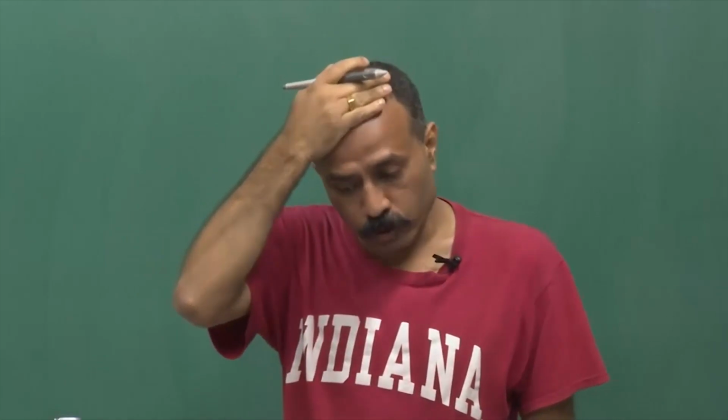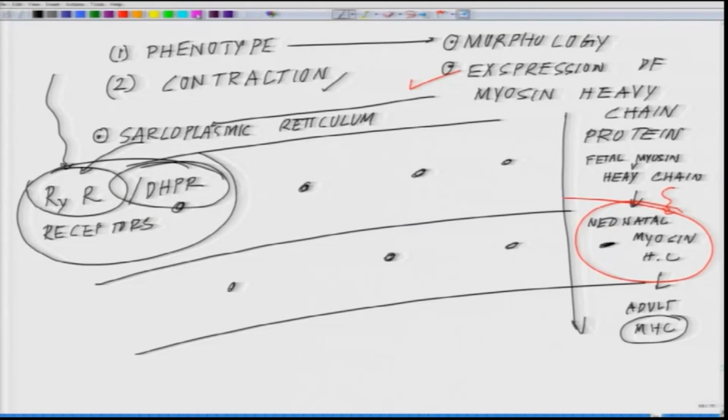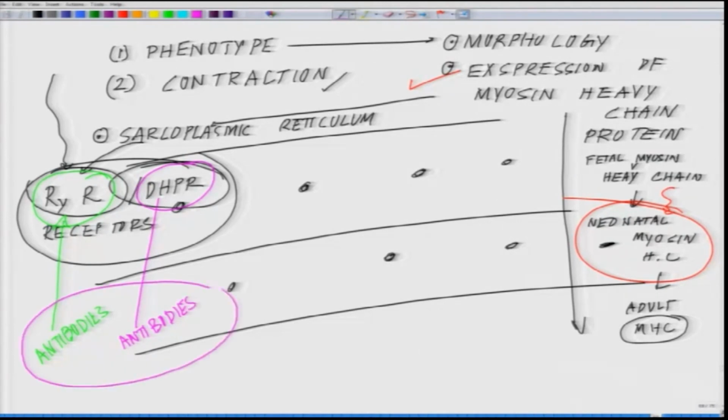So, how do you do so? You have to have specific antibodies against, say, DHPR and specific antibodies against RYR. If you have the specific antibodies, then you can label them separately.